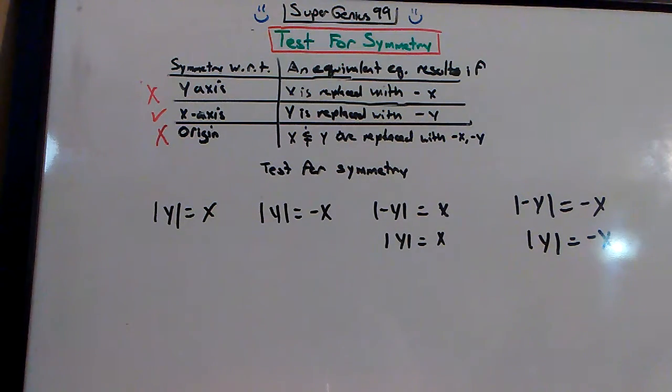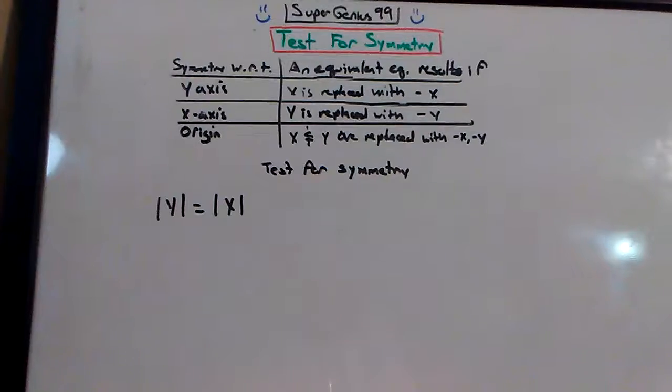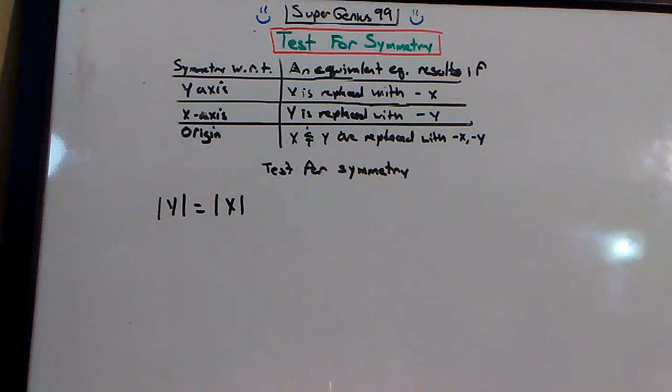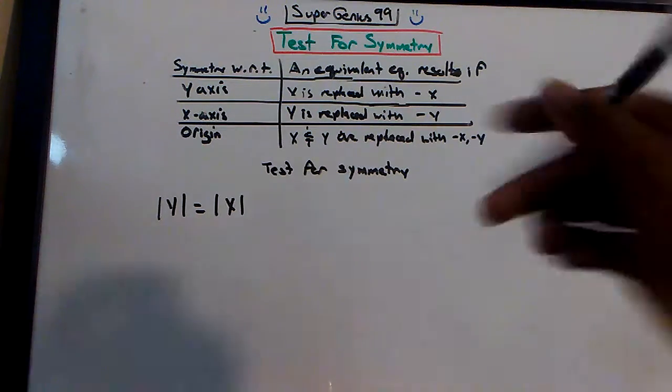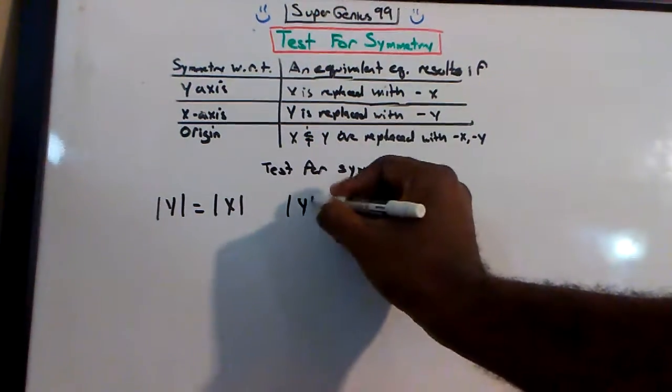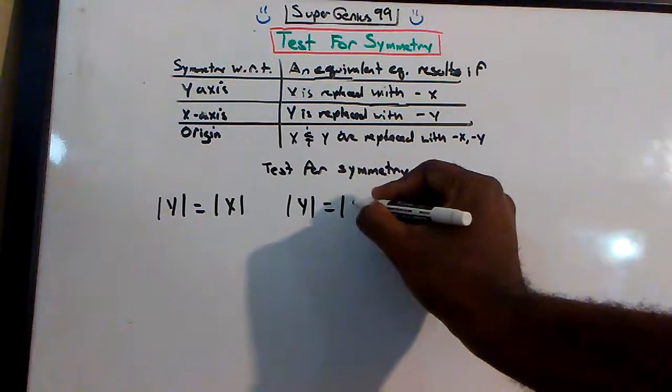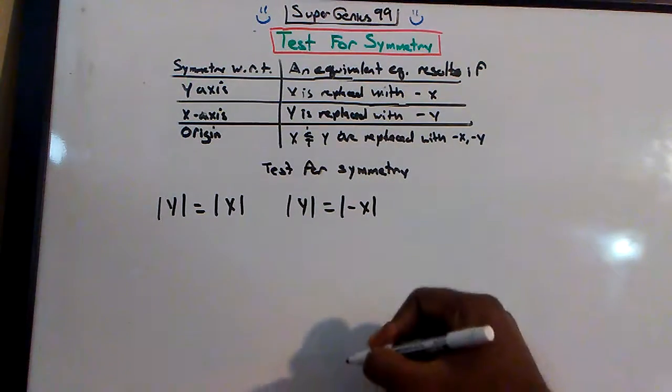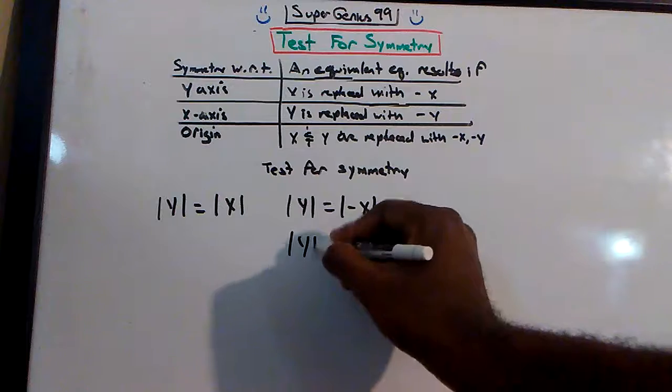Okay, let's look at one more. Okay, so we got the absolute value of y is equal to the absolute value of x. Does this have symmetry with respect to the y-axis? Well, let's see. So you replace x with the negative x, and that'll give you this.